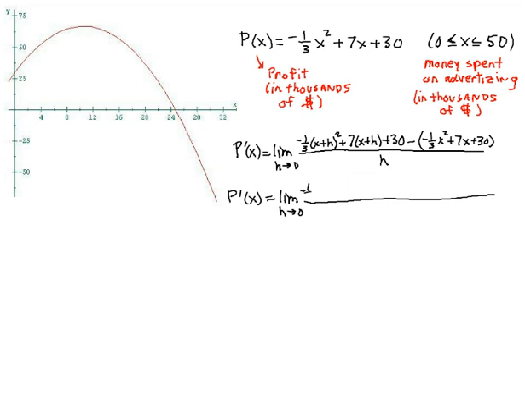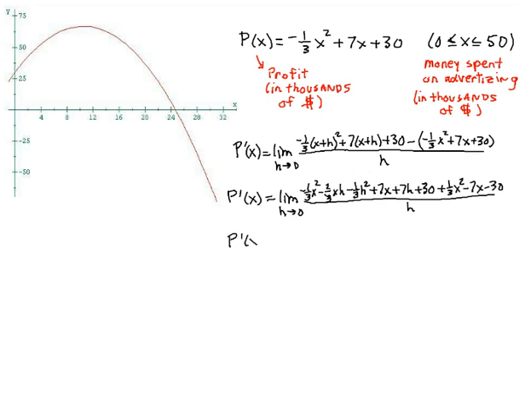I'll have a minus 1/3 x squared and a minus 2/3 xh, and then a minus 1/3 h squared. I'm going to distribute in the 7, so 7x plus 7h plus 30 plus 1/3 x squared, distributing in that negative, minus 7x minus 30 all over h.